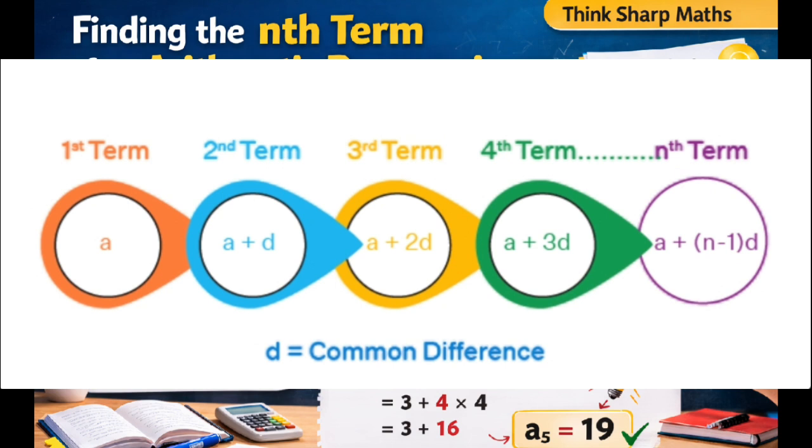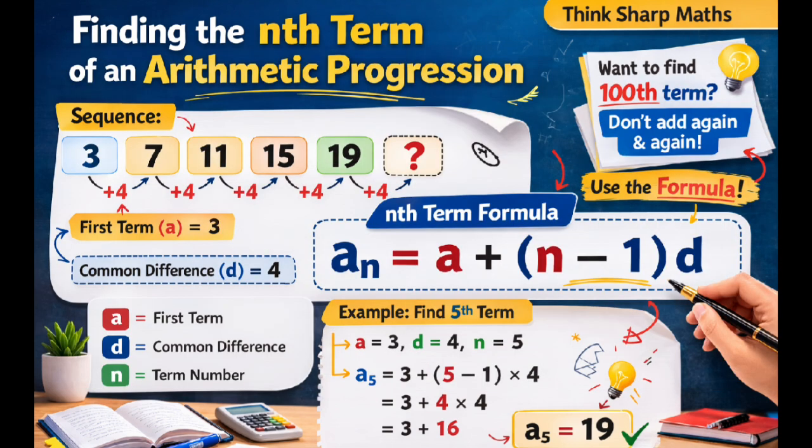In the fourth term, we have 3d. In the fifth term, we have 4d. So in the last term, how many d's will we have? Whatever the total number of terms is, minus 1, that is n minus 1 d, right? So in this way, we can make one formula: a_n is equal to a plus n minus 1 d. Understood? Here a is the first term, d is the common difference, and n is the number of terms altogether.